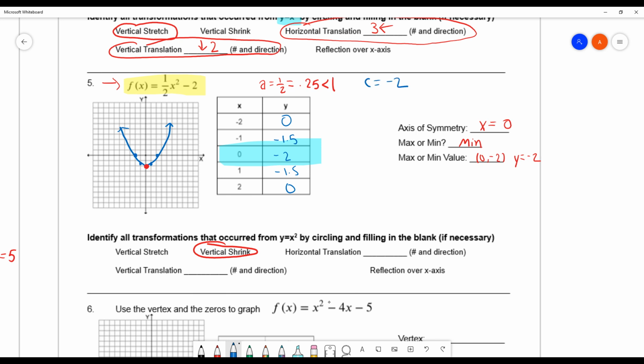That's going to shift my graph down 2. Okay, so there was a vertical translation down 2. And again, my A is not negative, so there's no reflection. So there were only 2 transformations in this one, the vertical shrink and the vertical translation down 2.